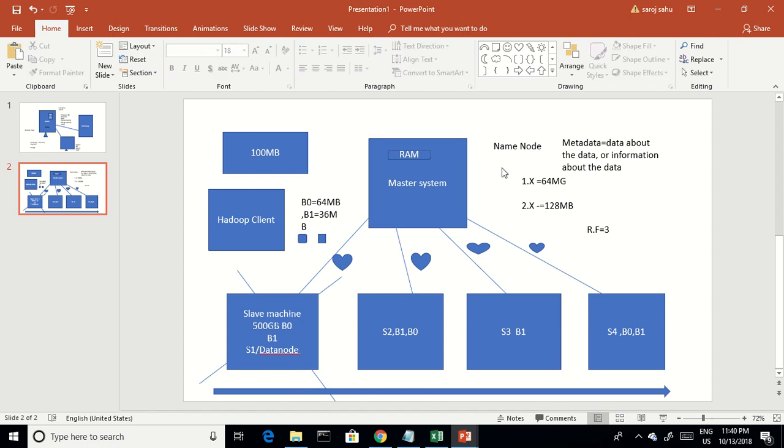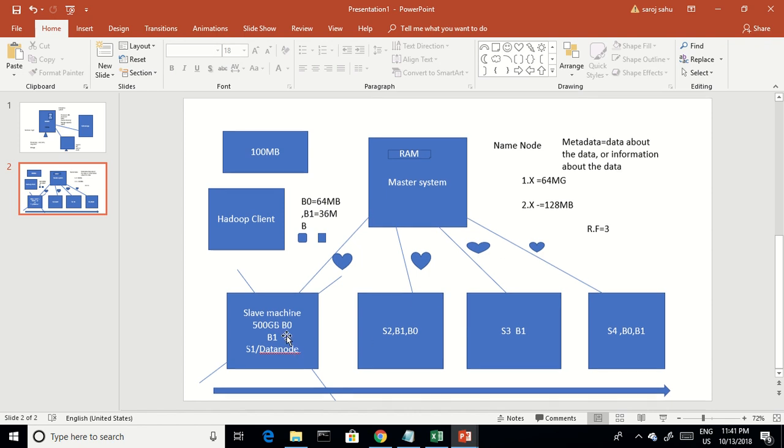It will store the data by distributing it across the cluster, so parallelism is happening. The first block goes in this machine, the second block in that machine, and so on. While reading or processing the data, the same thing happens.